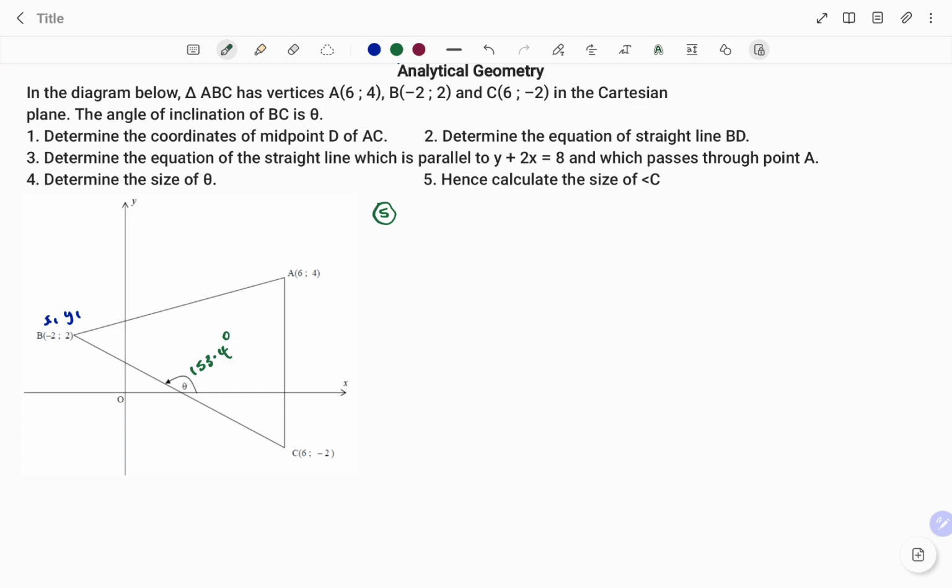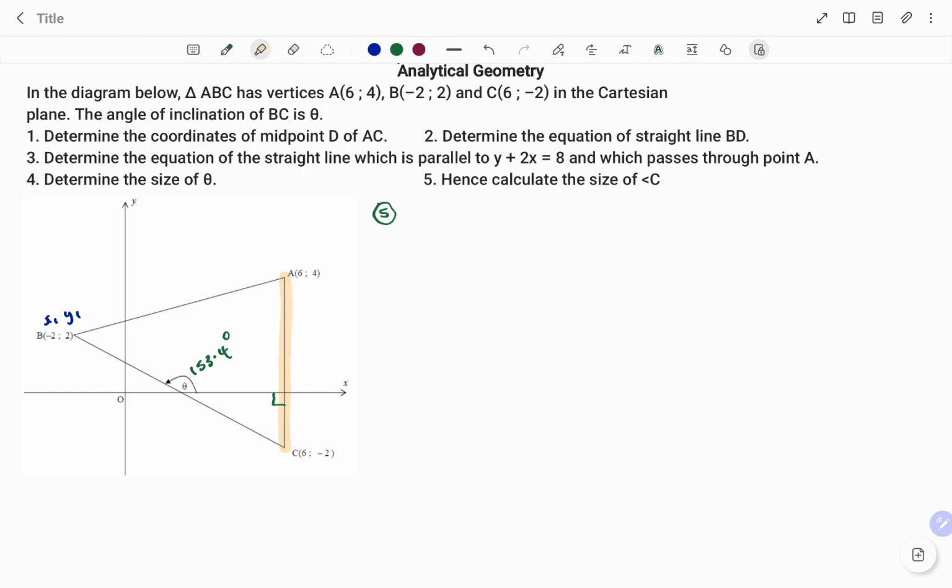To calculate angle C, I start by showing that the line AC is perpendicular to the x-axis. So I have a right angle as shown.